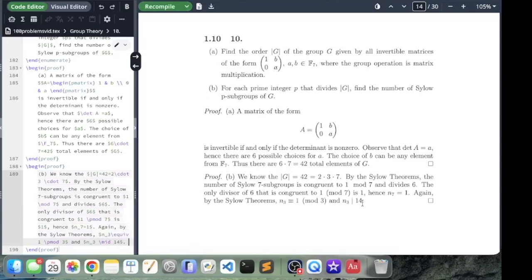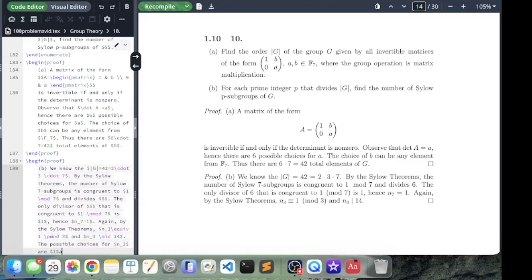So if we think about divisors of 14, there's 1, 2, 7, and 14. 14 is not congruent to 1 mod 3, 2 is not congruent to 1 mod 3. So the possible choices for n3 are 1 and 7. And we're going to rule out 1.